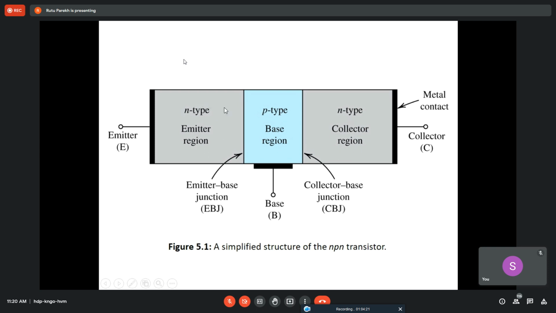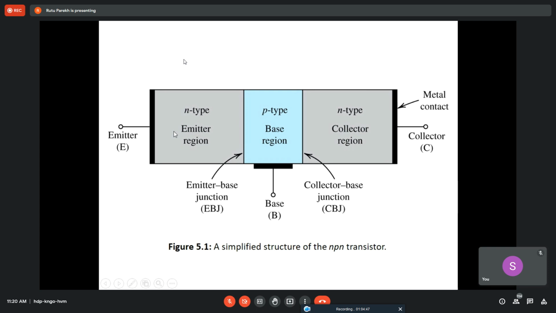This is NPN. So this is like two PN junction diodes connected back to back. Okay, so NPN, and these two diodes connected back to back give rise to this kind of structure, and this is basically your BJT. How you differentiate is that this part is an emitter region, then a base and a collector.